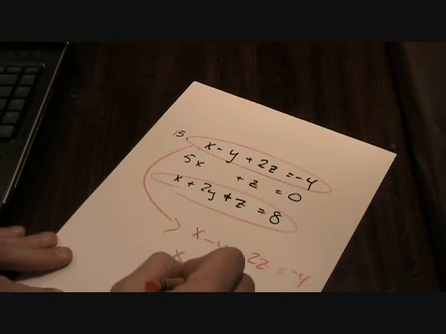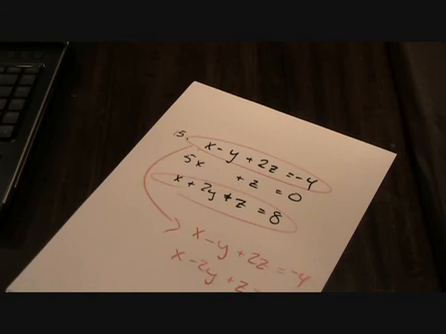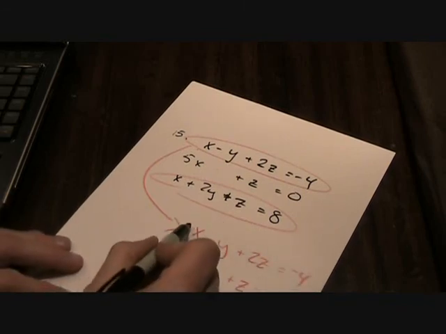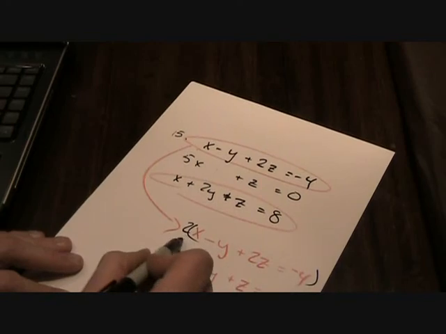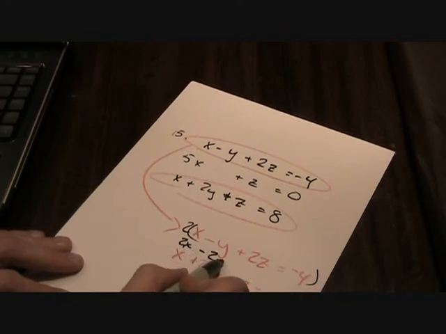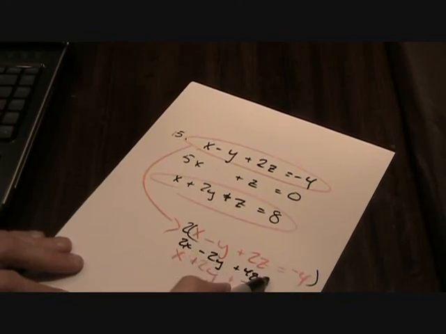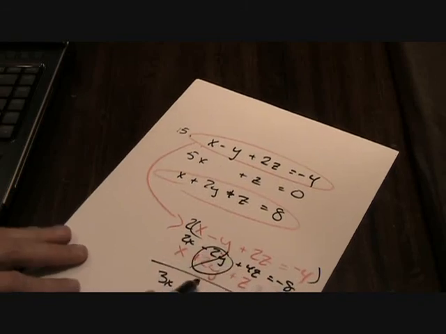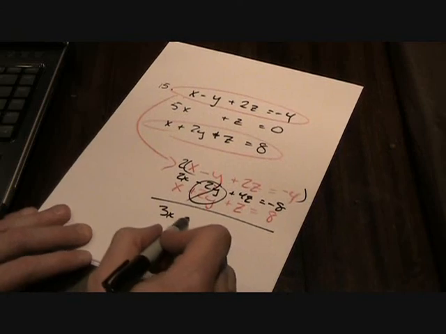So, okay, then if I go through and I multiply this through by, oops, that's a plus. So if I multiply this all through by 2, then I get 2x minus 2y plus 4z is equal to negative 8. Those would go away.